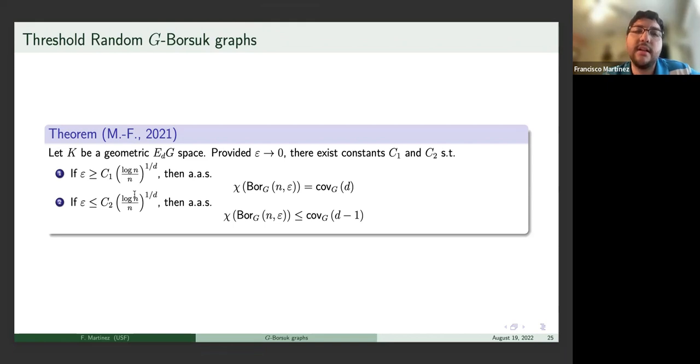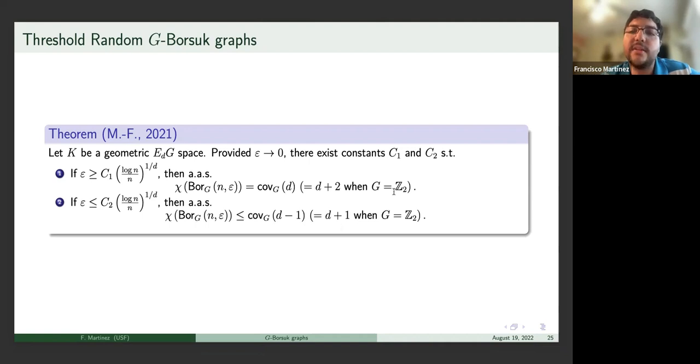And if it is smaller than that, then asymptotically, usually the chromatic number is less than the G covering number, but one dimension less. Of course, again, the conjecture is that these numbers are different, but I don't have proof of that yet. In the case where G equals C2, we actually get back the original theorem that I showed you for spheres, but it's actually better because it works for other C2 spaces that are not spheres, for example, a torus.